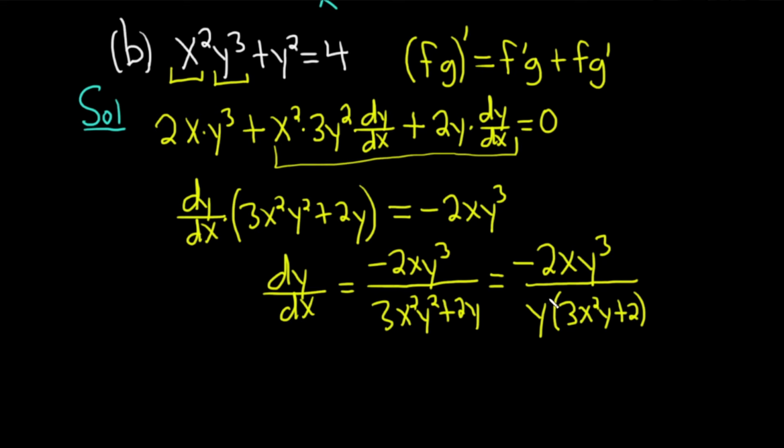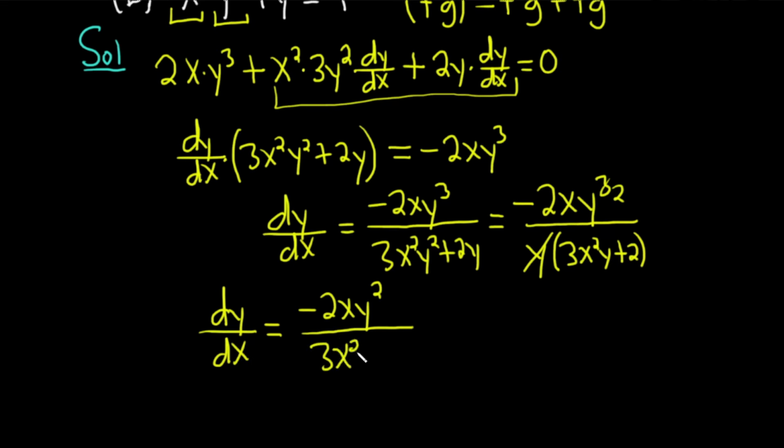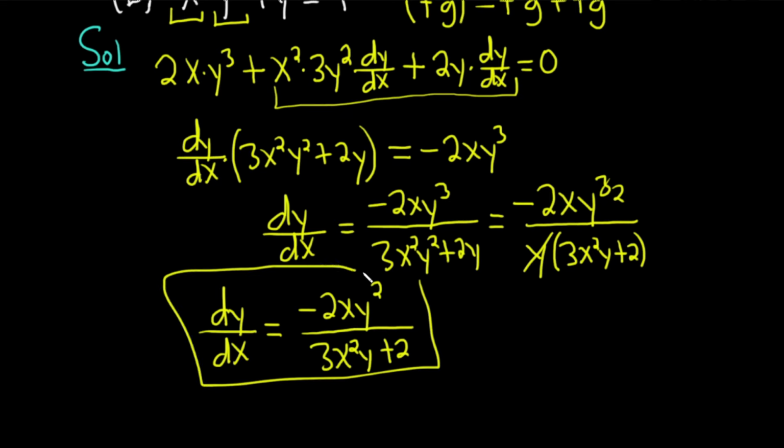Really easy to forget to do that. And so now we have our final answer. Let's clean it up. dy/dx is equal to, we're left with a negative 2x y squared in the numerator. And in the denominator, we simply have 3x squared y plus 2. And so that would be the derivative of y with respect to x.